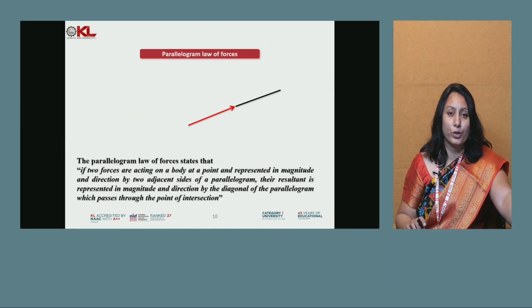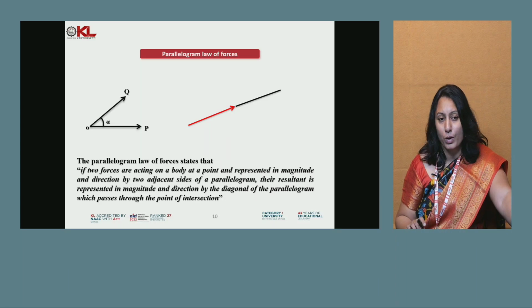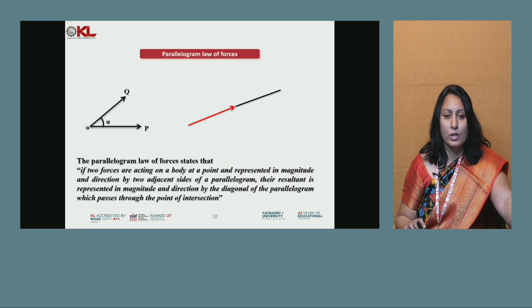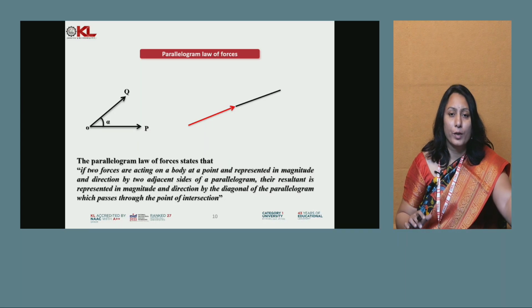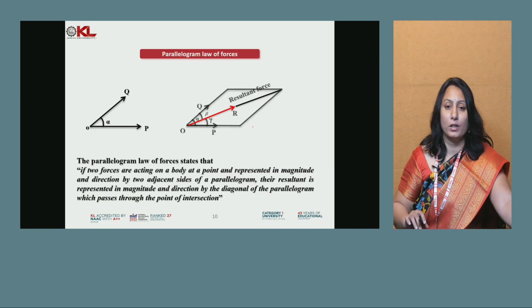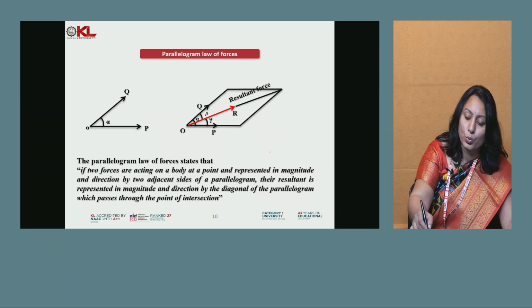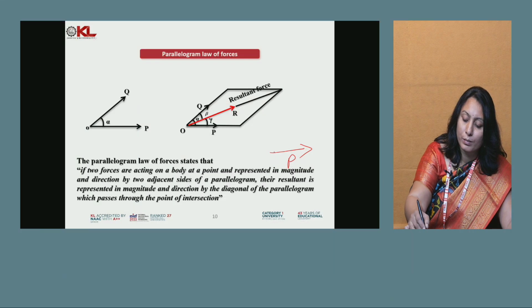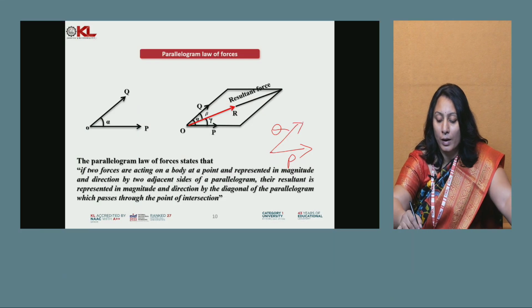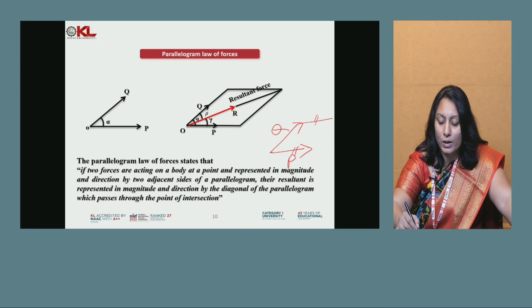Then what is the parallelogram law of forces? This is also similar to the triangle law of forces. Here the forces acting on the body are represented as adjacent sides of a parallelogram. So P and Q are represented like this. A parallelogram can be drawn simply by taking the 2 sides equal, and we can close the parallelogram like this.